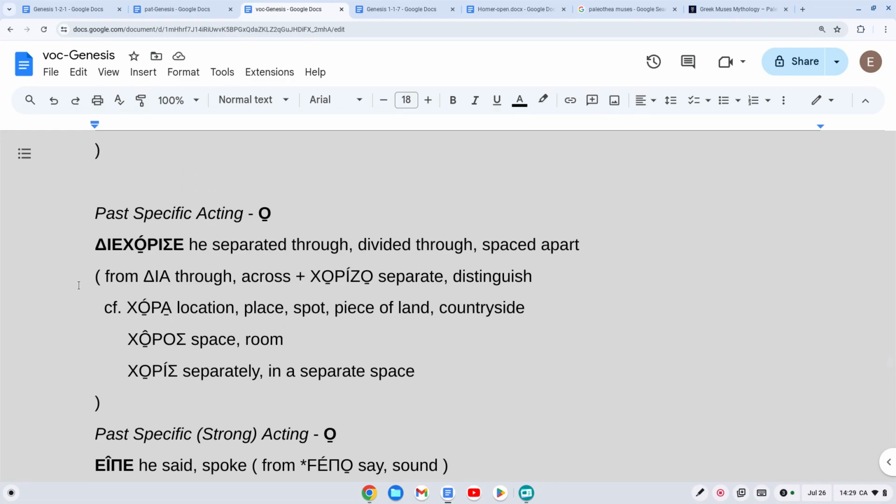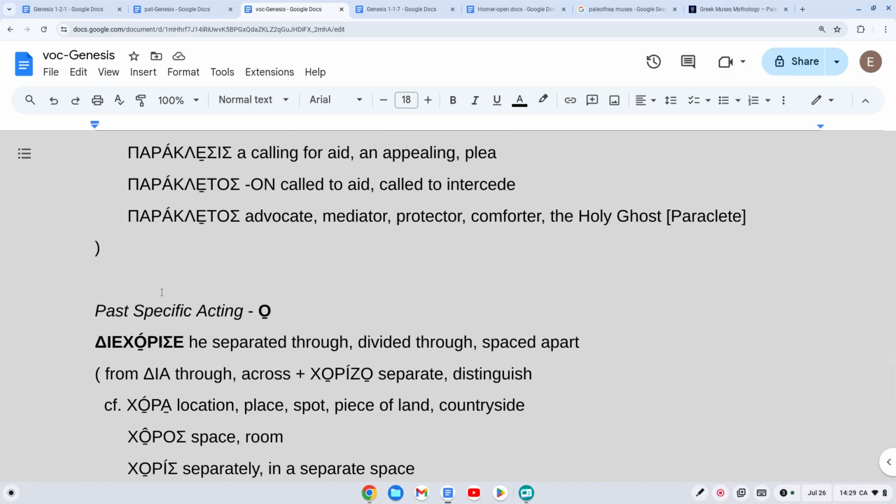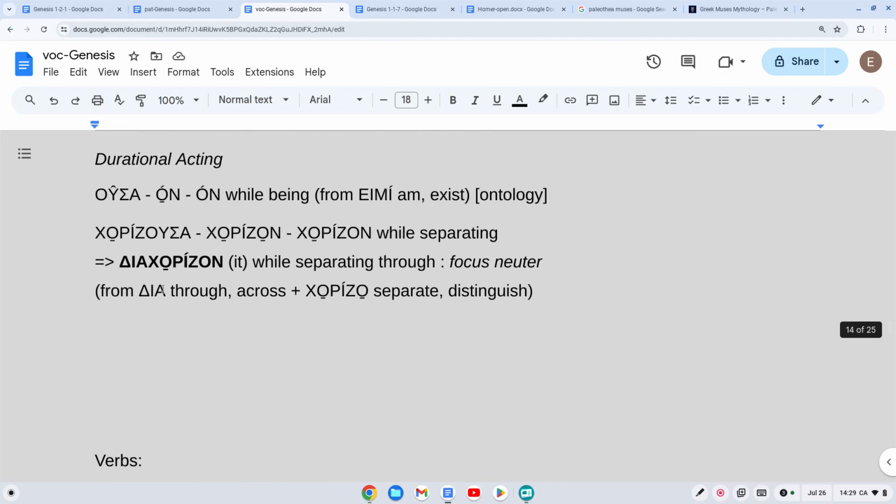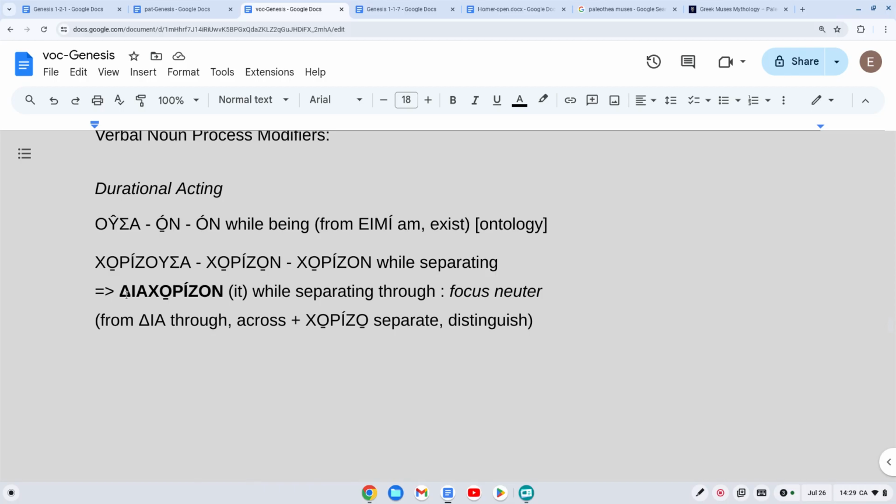Here's a very similar word. Diekorise. He separated through. He divided through. He spaced apart. And here's the word we're looking at. Diakorizon.